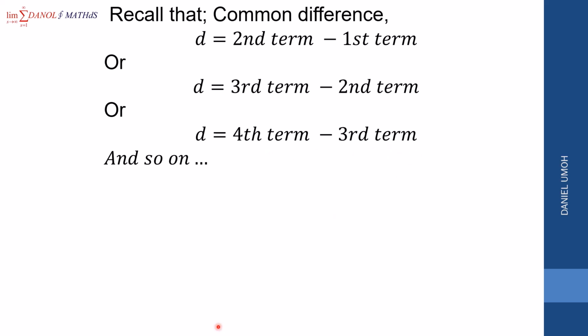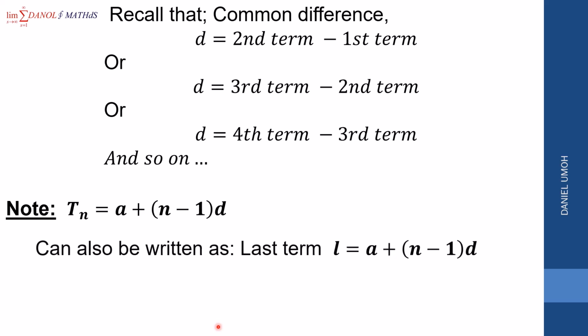Very importantly, the formula for the nth term, T of n equals A plus (n minus 1) D, can also be written as L, which is the last term, equals A plus (n minus 1) D. So these two formulas mean the same thing.